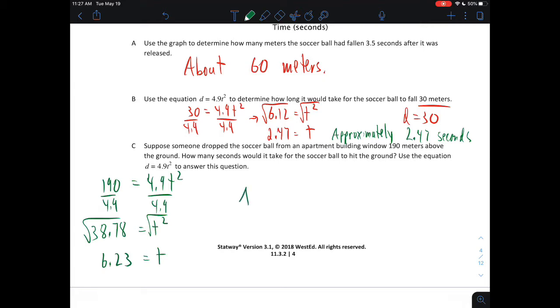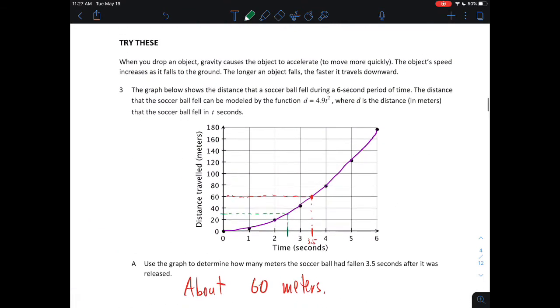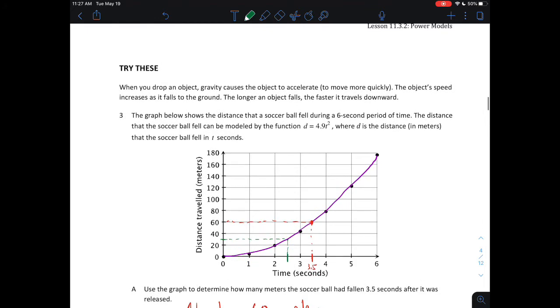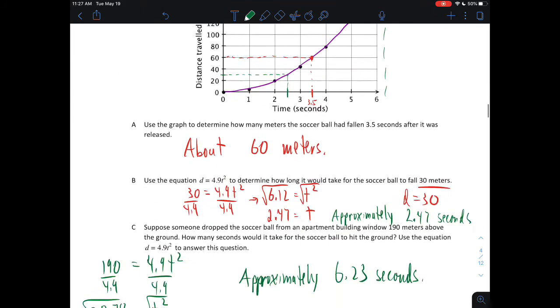So, approximately 6.23 seconds. And again, if we go up to the graph, find 190, well, that's above 180, so whatever the time is, it should be more than 6 seconds, and it looks like it is.